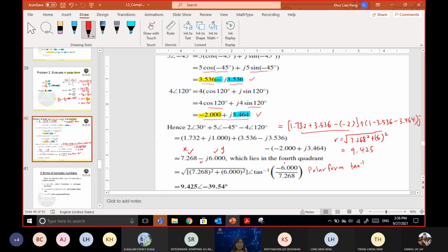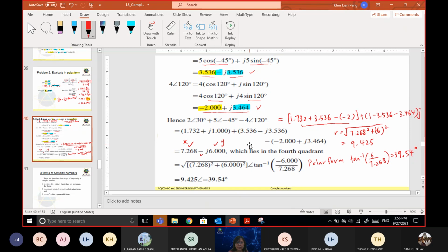Then after that, the arctangent. Remember, I always don't put the sign. I calculate the basic angle, so arctangent will be 6 over 7.268, and I get the basic angle. Remember to change it to degrees, else you will get the answer in radians. It is 39.54 degrees. Then you can see we have x positive, y negative, which is in the 4th quadrant.